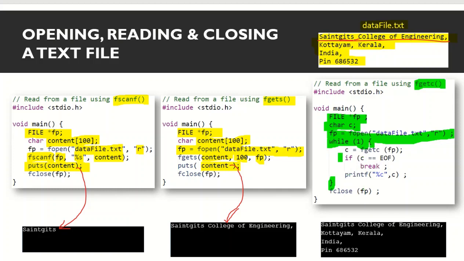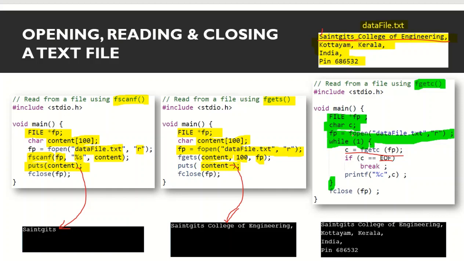So it is reading c equal to fgetc of fp. Initially it will read the first letter s. Next it will check if c is equal to EOF. EOF is the end of file.